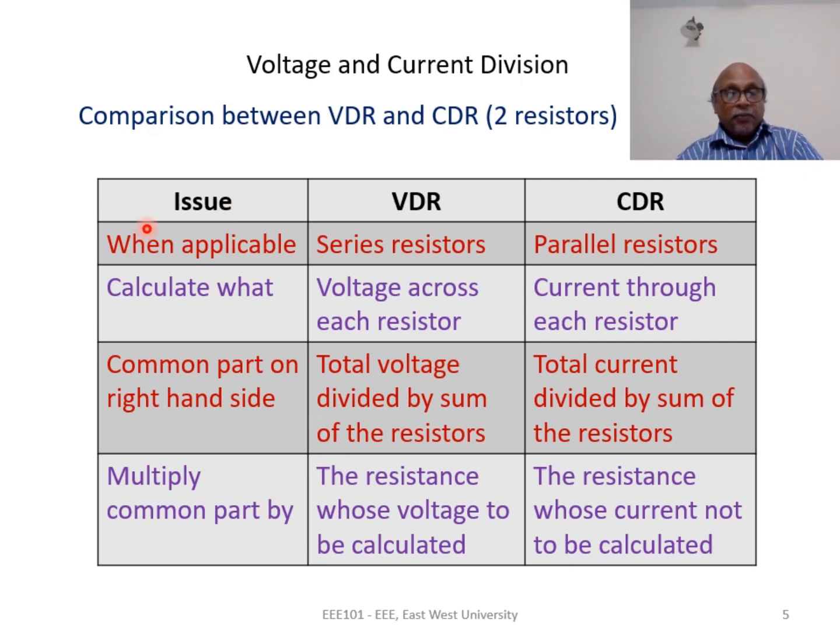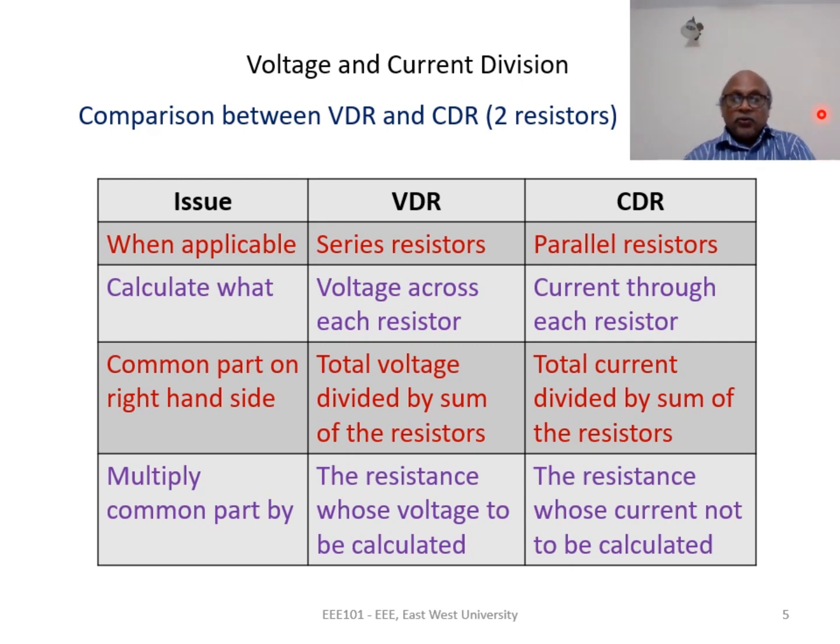First, when applicable: voltage divider rule is applicable for two series resistors. Current divider rule is applicable for parallel resistors. Never try to apply VDR for parallel resistors. The voltage remains the same in parallel connection, and never try to apply CDR to series resistors, because in series connection the current is the same.